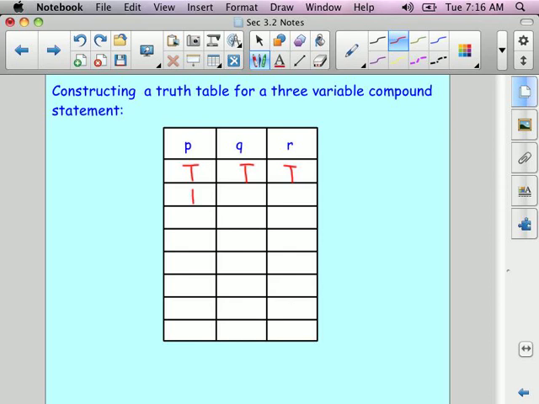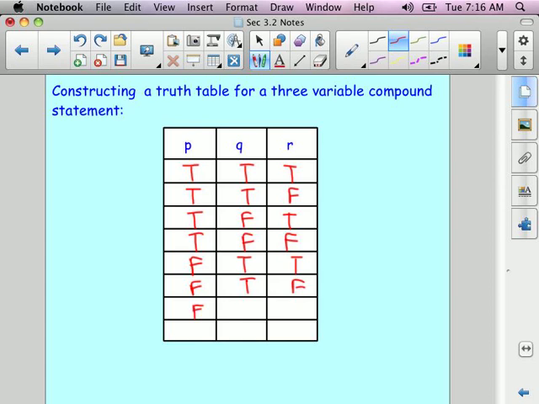We could have a situation where we have true, true, but R is really false. We could have true, false, true. We could have true, false, false, false, true, true, and so on. I'm just going to fill in all the possibilities here, all the different combinations of F and T that you could have in this sort of situation.